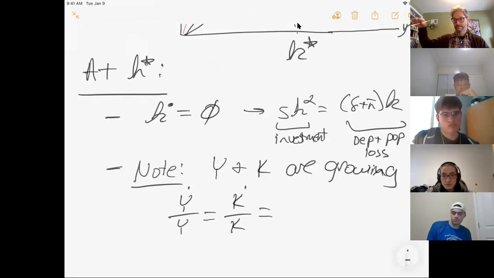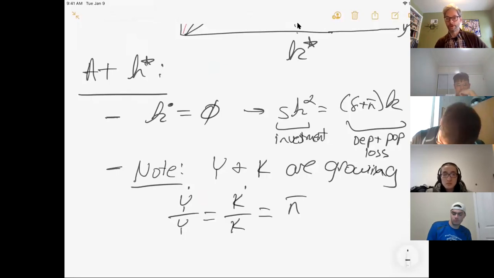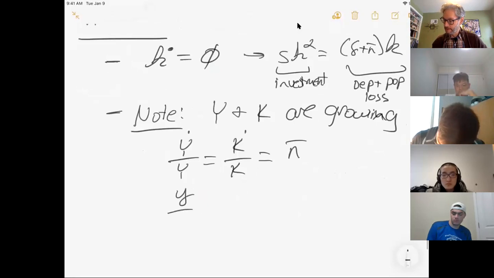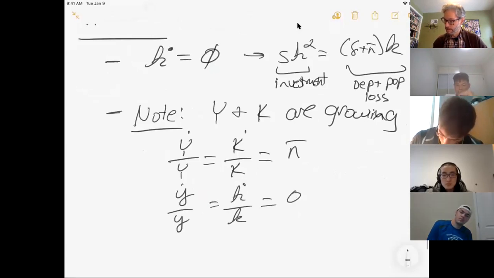The rate of population. So output and capital are growing at the rate of population, but per capita output and per capita capital are not growing at all.